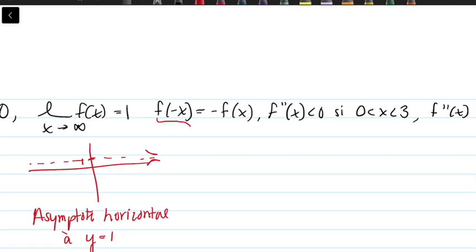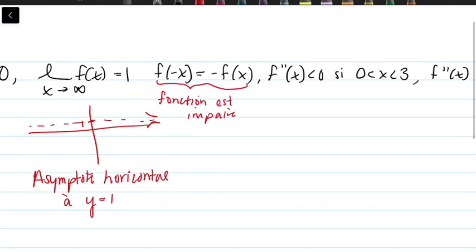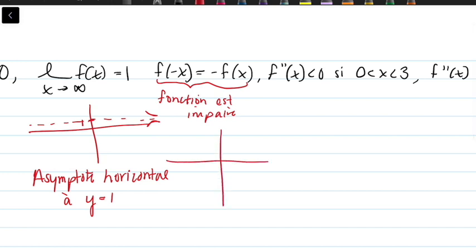Here, when it says f de moins x est égal à moins f de x, that means que la fonction est impair. To explain that, let's say your function was y est égal à x. It would look something like this. So if you had, for example, the point 1, 1, let's say you have f de 1 égal à 1.